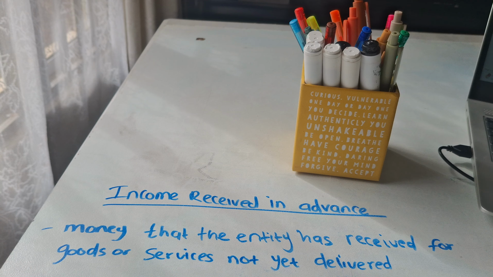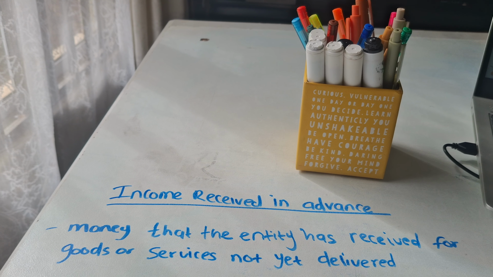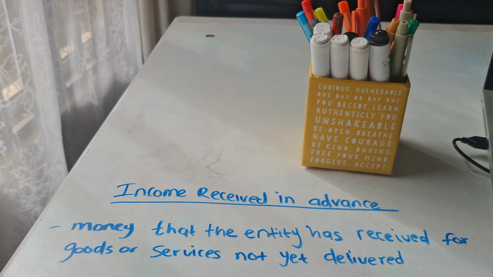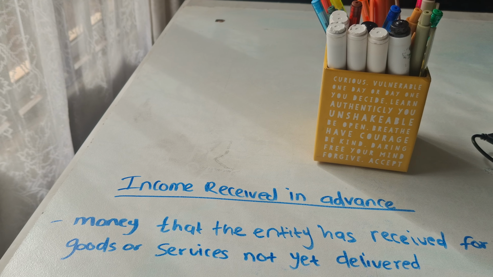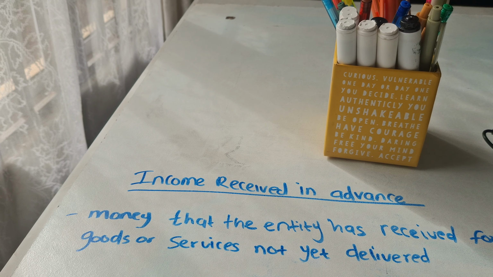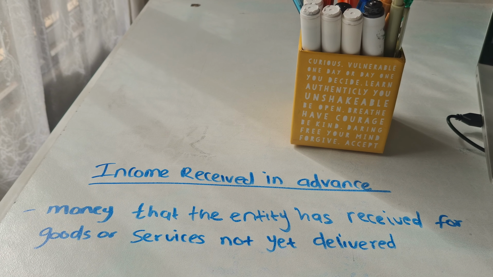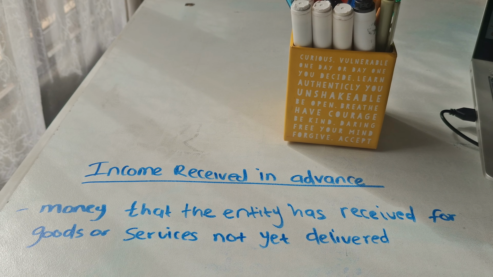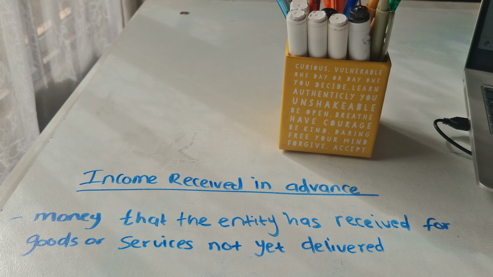So where do we record income received in advance? We record it as a current liability in the balance sheet, as the entity still owes the money for the service or the product, right? And then we record it in the income statement under operating income because we had received that money.